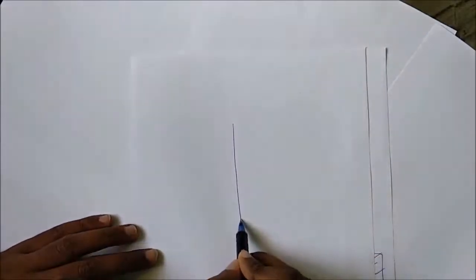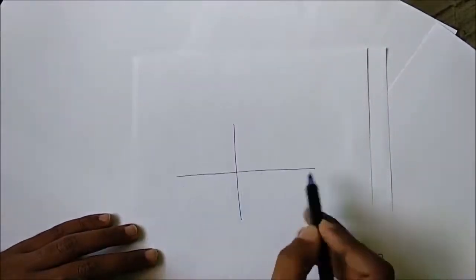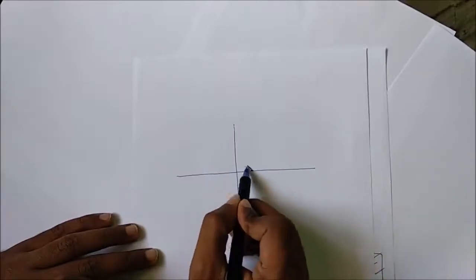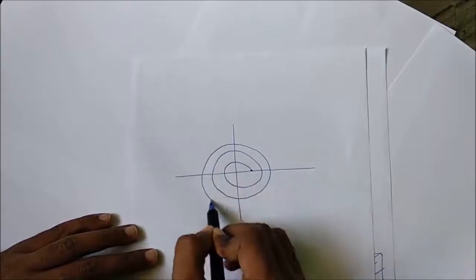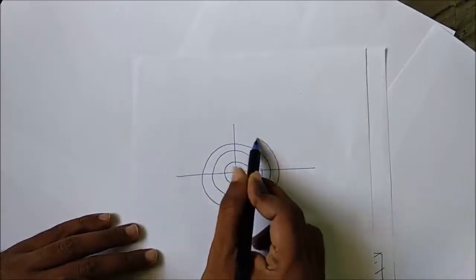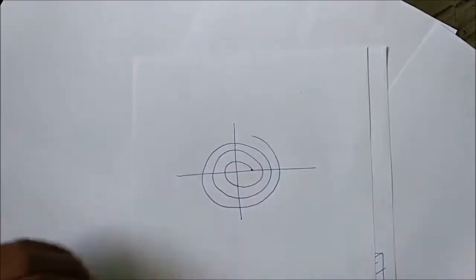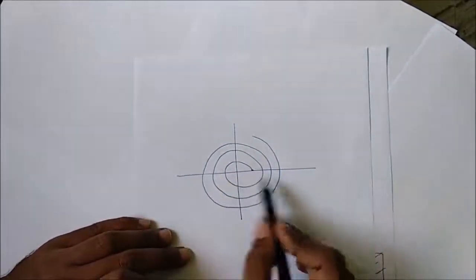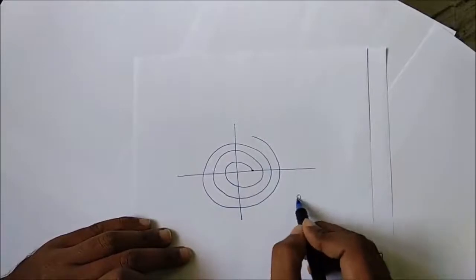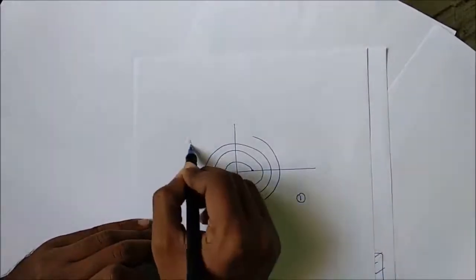So this is how this diagram goes. Start from this point, and then you just draw like this. And this you can do by seeing the diagram itself. You can draw any number of circles, that is fine. It is up to you.